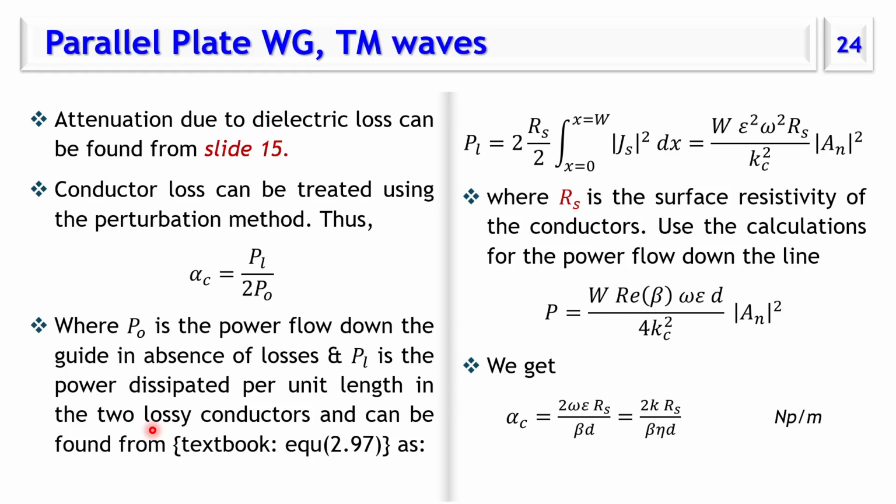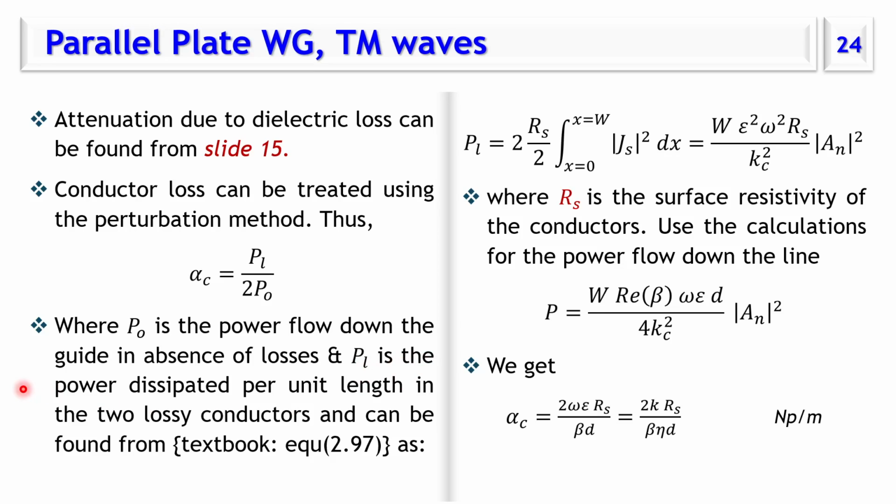Okay, now coming to the concept of calculating the attenuation constant because of the conductor. So how would we do this? We can use this method: alpha conductor equals power loss divided by 2 P naught. How to find power loss? P naught is the power flow down the guide in the absence of losses.